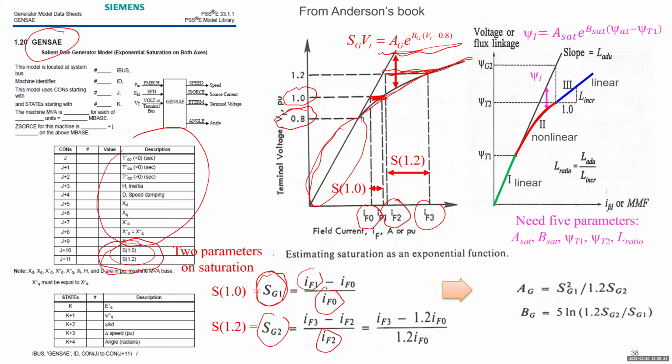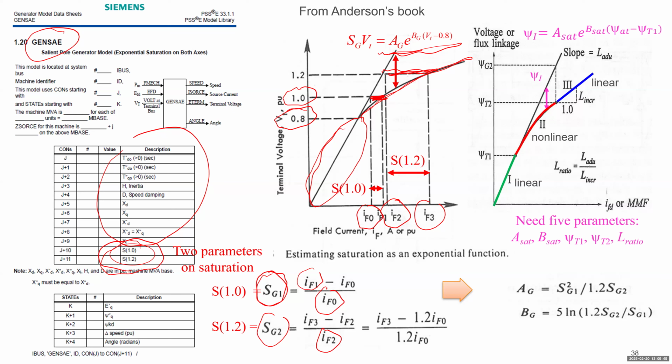So we can solve AG and BG from that equation by plugging the two points into that curve. So this will give you the values of AG and BG. If you know the values in the table for S1.0 and S1.2, you can use those formulas to calculate AG and BG.